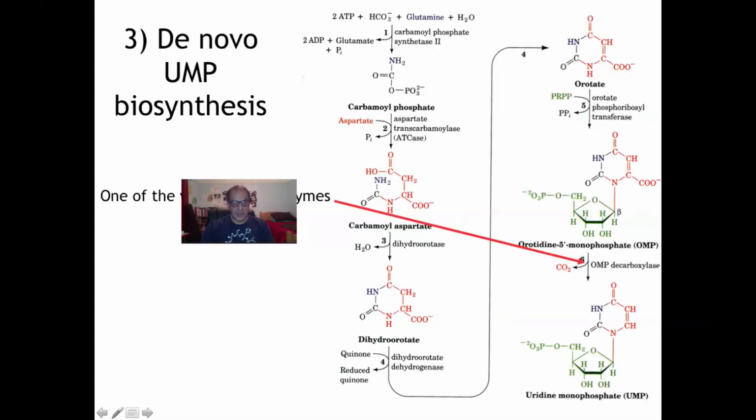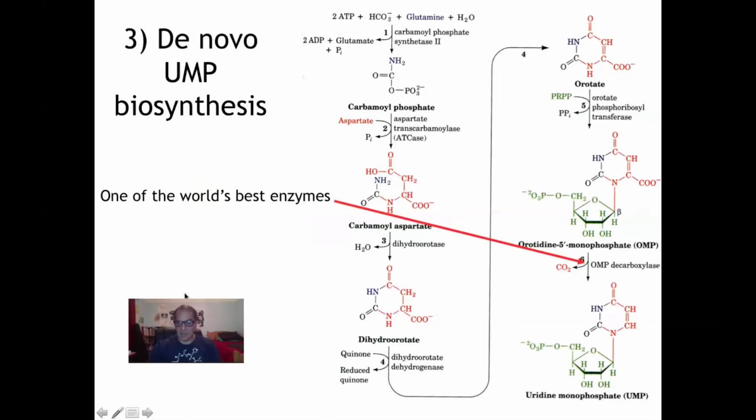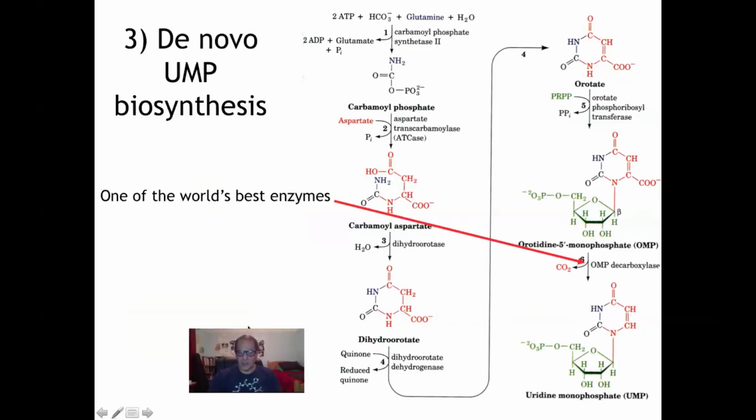Okay, and so it turns out that this enzyme, OMP decarboxylase, that catalyzes this decarboxylation reaction can be thought of as one of the world's best enzymes. And so what do we mean when we say it's one of the world's best enzymes? Well, there are lots of ways to judge enzyme quality. For example, you can measure rate enhancement, and we already know what rate enhancement is.